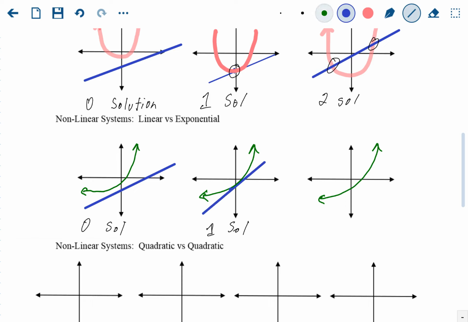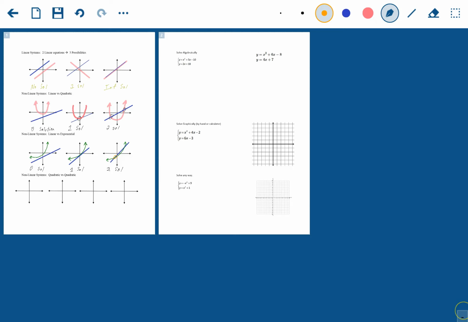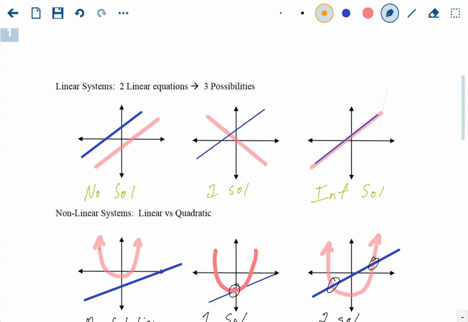You could also have just a horizontal line. Okay, just a horizontal line would only cross once. Okay. So you could have one solution, and then you could have two solutions. In the two solution scenario, again, it'll cross twice. Okay. That would be two solutions.